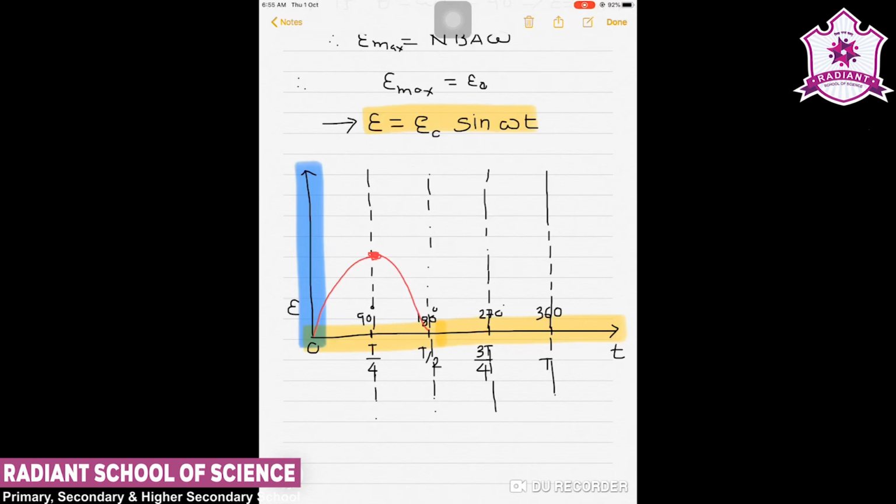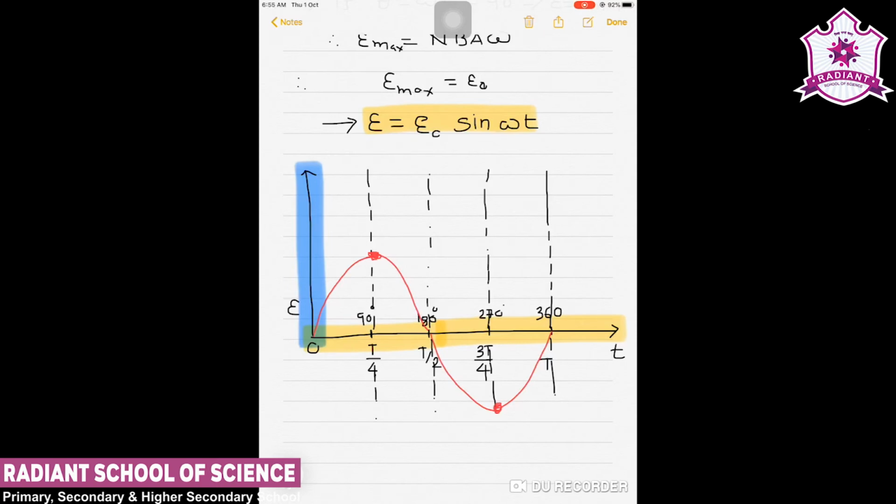Now from 180 to 270 it will increase in the opposite direction and becomes maximum at 270, and now again at 360 it decreases and becomes 0.